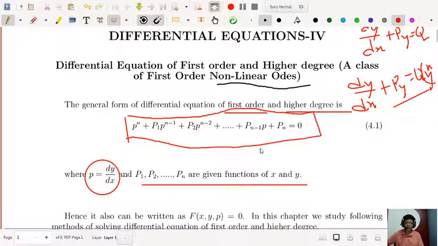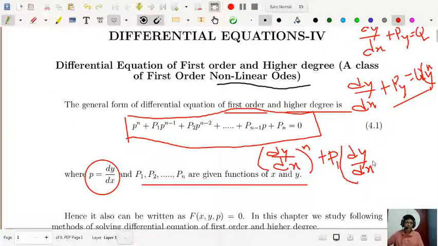So if you write this equation with dy/dx, your leading term is (dy/dx)^n + P1 (dy/dx)^(n-1) + P2 etc. But for simplicity I am writing dy/dx as p. So your small p will be dy/dx throughout the chapter.